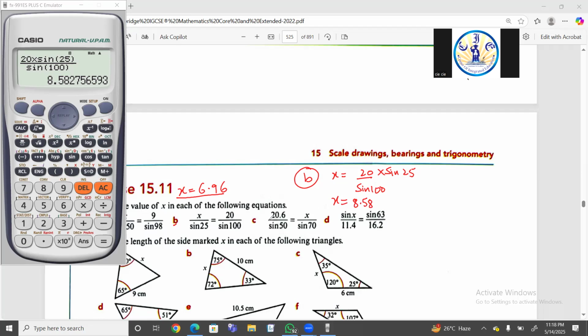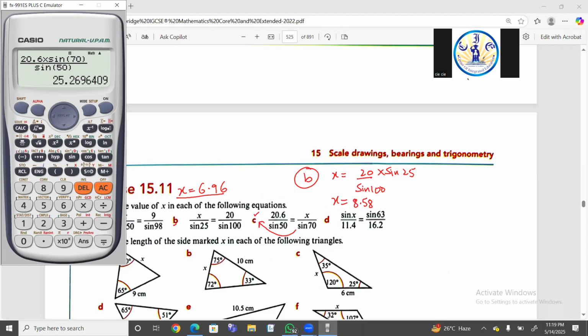Same goes for part C, that we just need to multiply sine 70 here. So it is going to be 20.6 times sine 70 divided by sine 50.